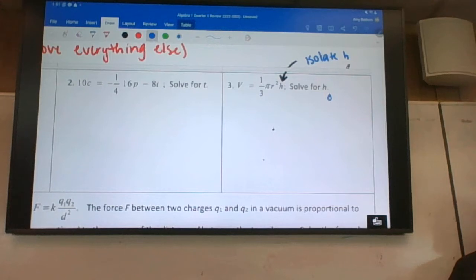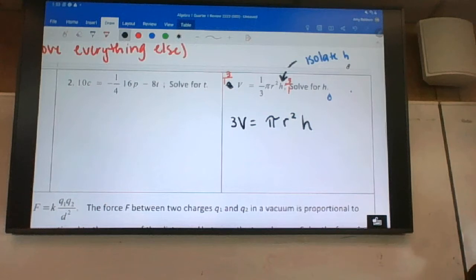How would we possibly get rid of this fraction coefficient? What do we want to multiply? Yes, multiply by the reciprocal. So I'm going to multiply. It's going to be kind of hard to see. I'm going to do 3 over 1 and 3 over 1. So that's going to turn this into 3v equals pi r squared h.